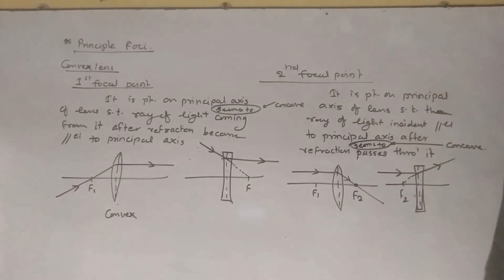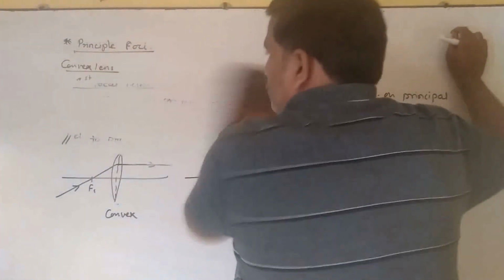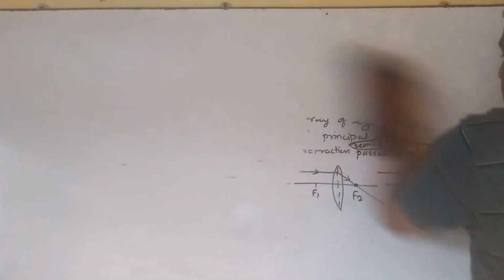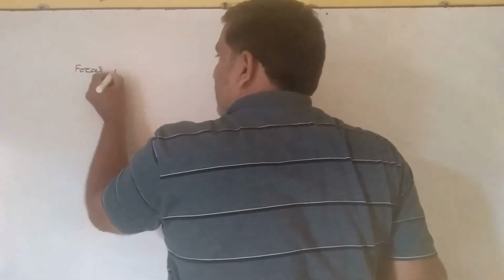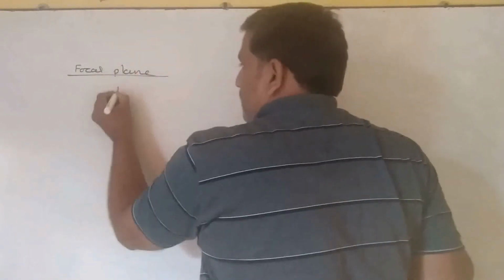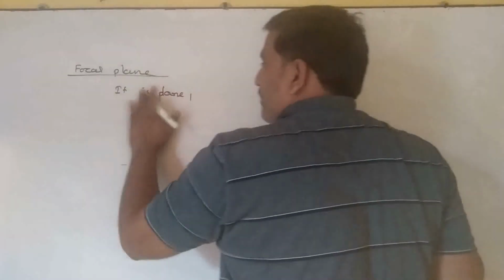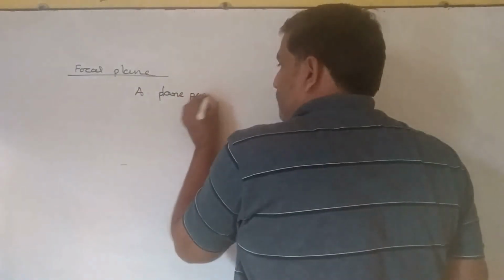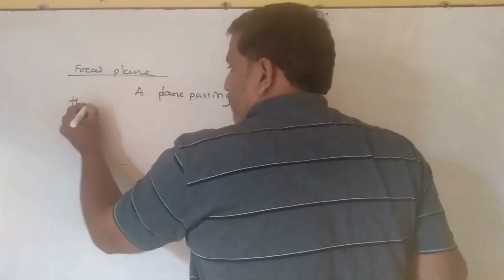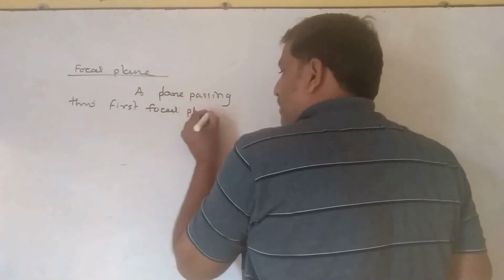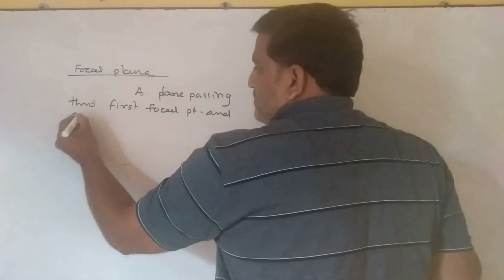Now the last concept is focal plane. Let's see the focal plane. Again, there are two focal planes, first focal plane and second focal plane. Let's say focal plane: it is a plane passing through the first focal point and optical center.